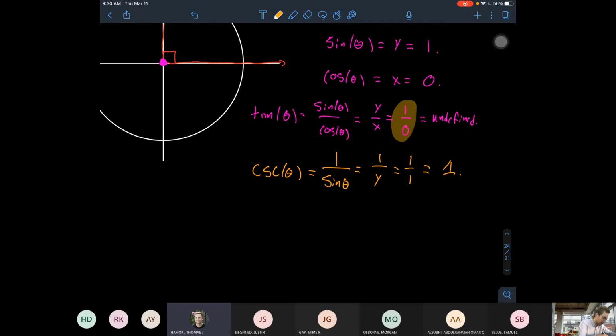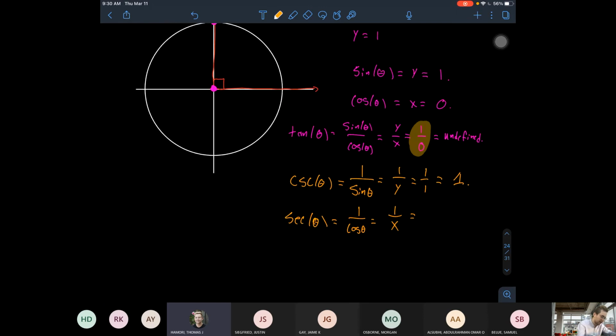Then we get secant theta. I almost said cosecant again. That's just how confusing this is. Well, I would imagine that the s goes with the s, but sorry, the s actually goes with the c. So we get 1 over cosine theta. And that would be equal to 1 over, well, I know cosine theta is equal to the x coordinate, so I'm going to put an x here.